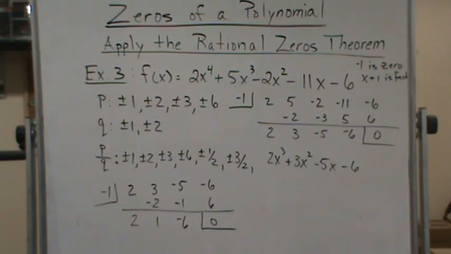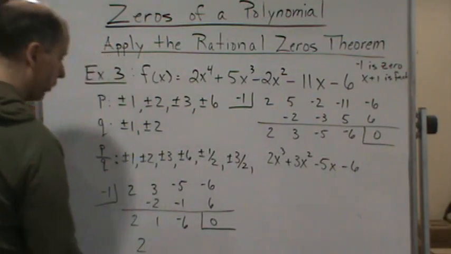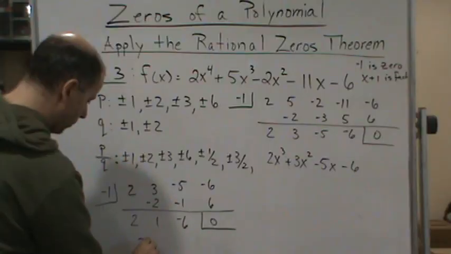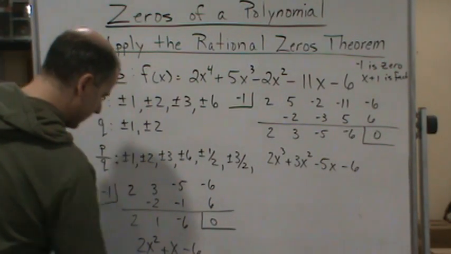And now the resulting quotient from this division is going to be 2x squared plus x minus 6.